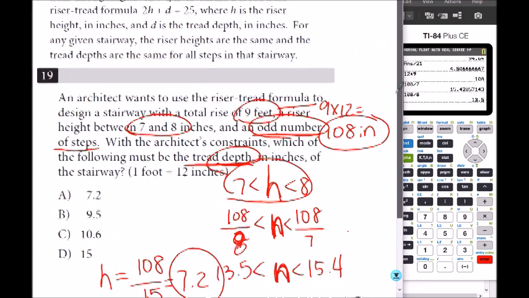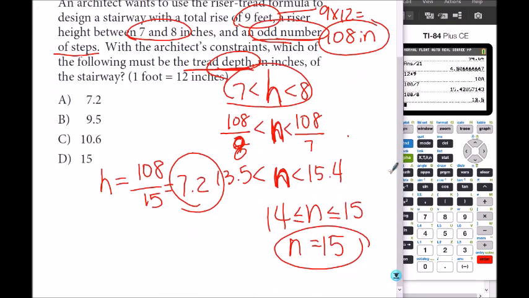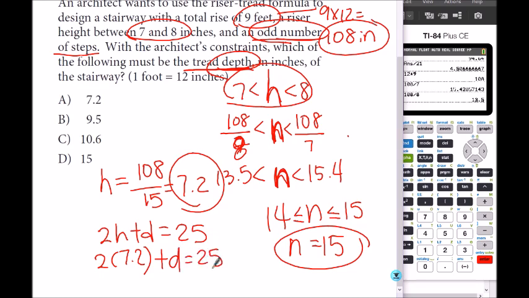So now we're finding the D. How do you find the D? What was the equation of D? It was 2H plus D equals 25. So you plug it in. 2 times 7.2 plus D equals 25.